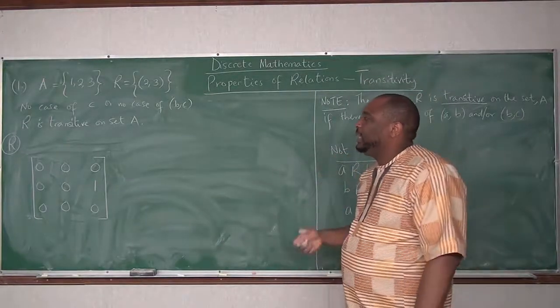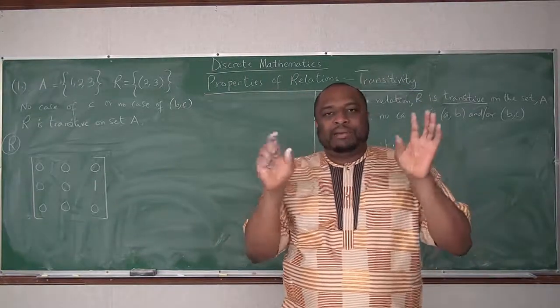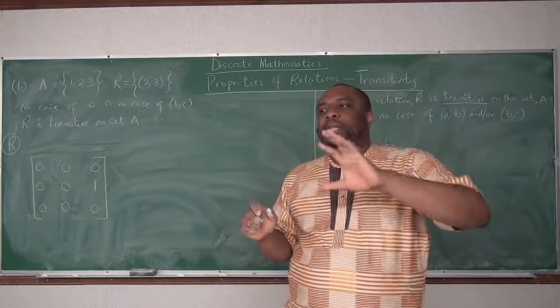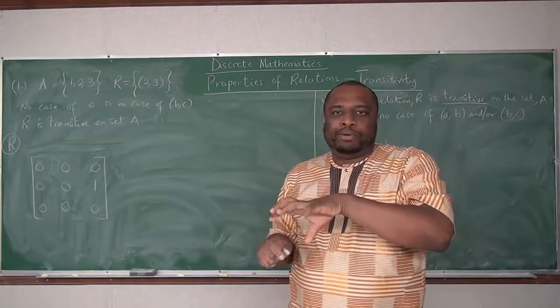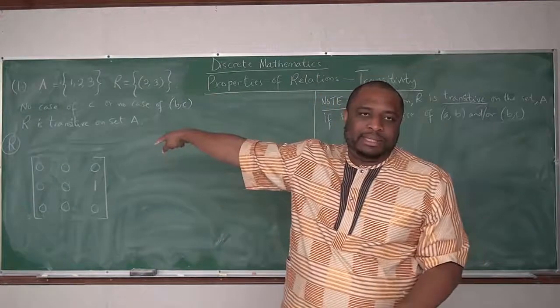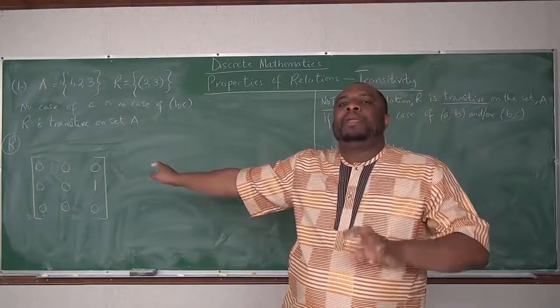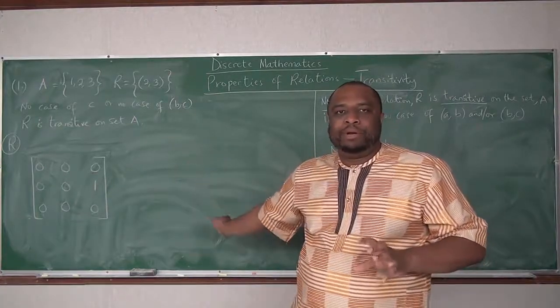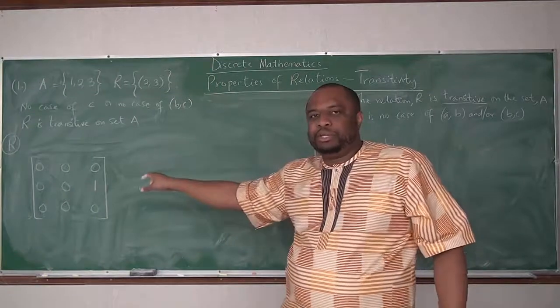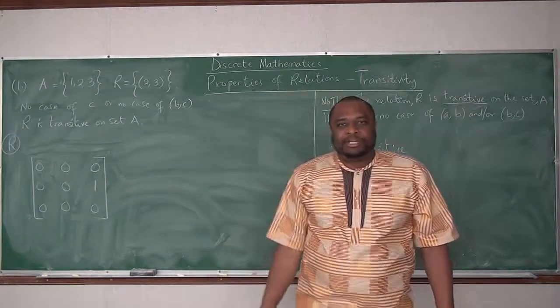Once you square the matrix, you look at the product. For any non-zero element of the product, look for the corresponding position in the original matrix.